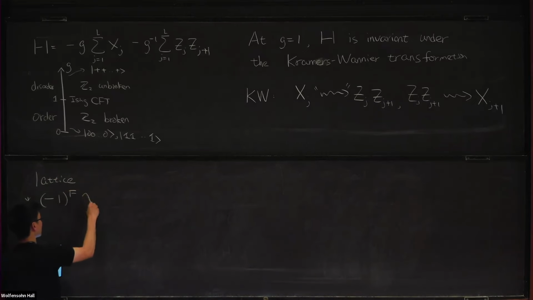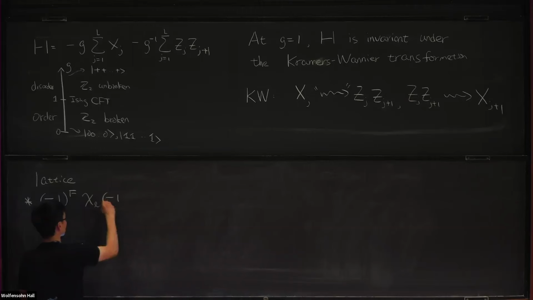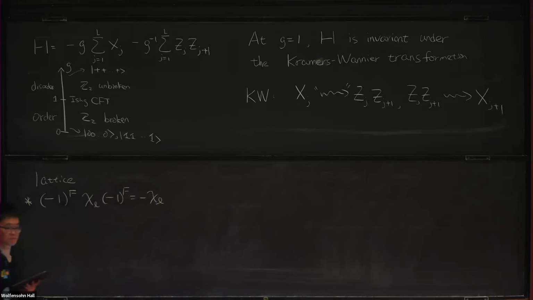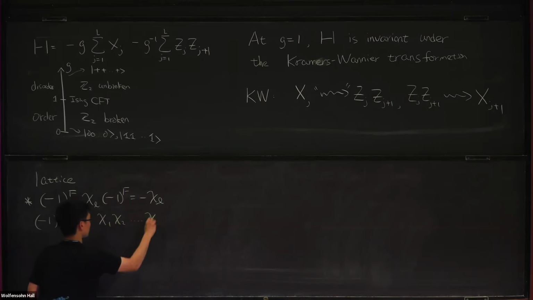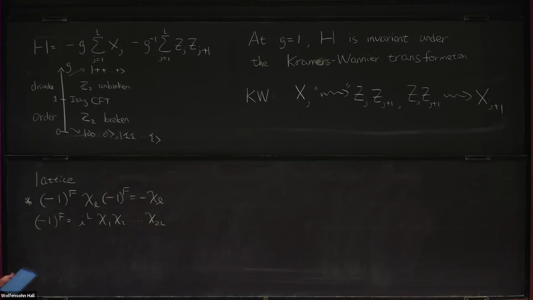The way you act on the fermion field is just to flip the sign. So that's obviously a symmetry of both Hamiltonians, H plus and H minus. You can write this symmetry operator very explicitly. (-1)^F is i^L chi1, chi2, all the way to chi2L. You can easily check that that does the job.